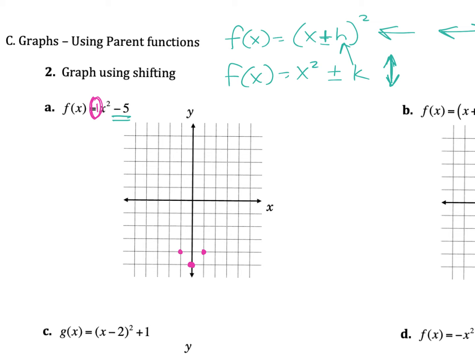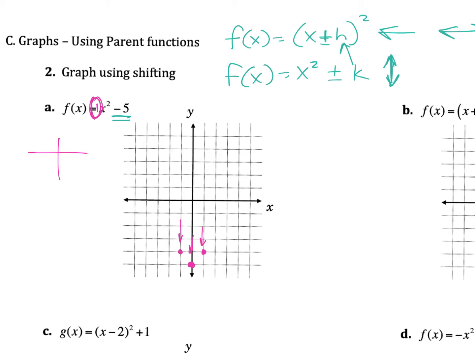To find one more set of points, so 2 more points so that we can get a good feel for what our graph would be, we're just going to plug a number in. And you need to decide what's a number that makes sense to plug in. Can anyone tell me what a good x value would be here? 2, right? We used a 1. 1 was here. -1 is here. 0 is here. So the next logical x value for you to plug in would be 2.